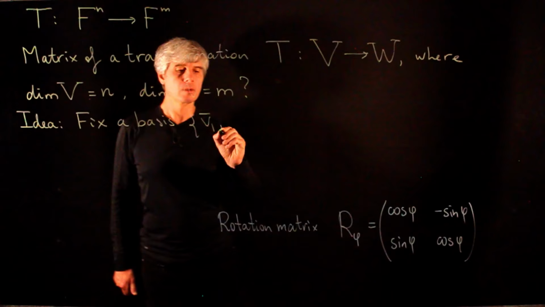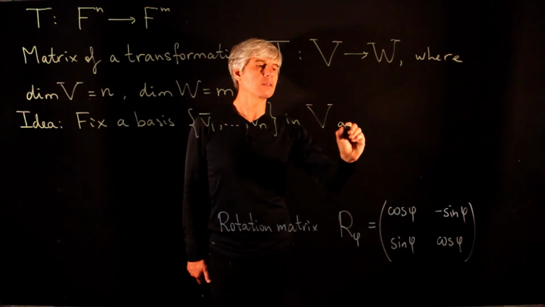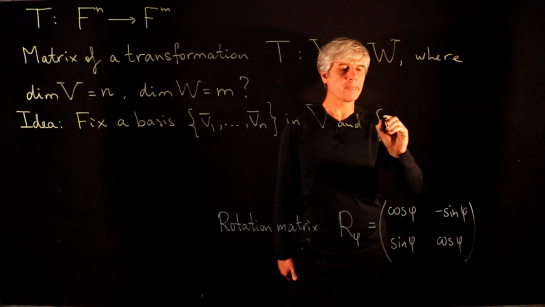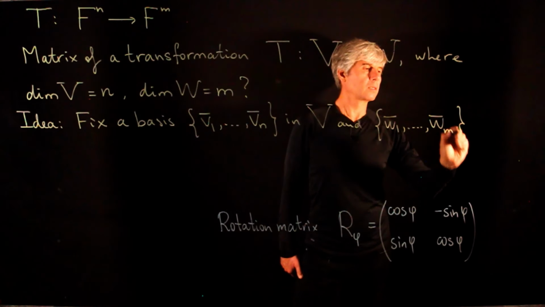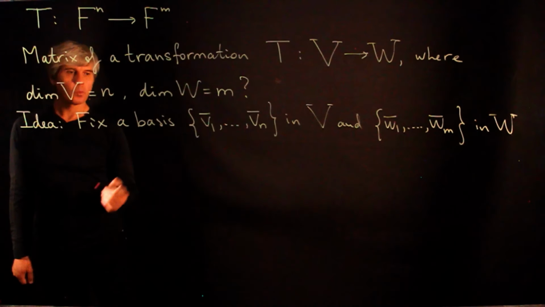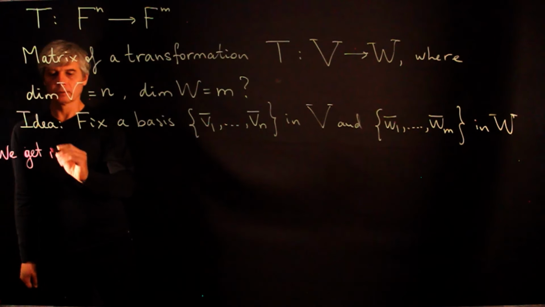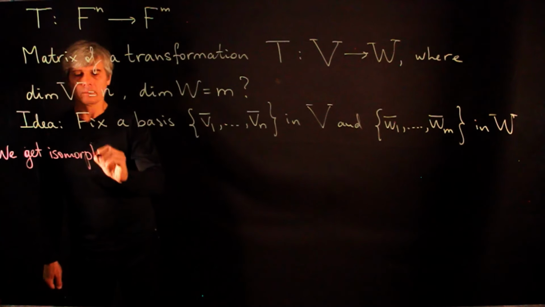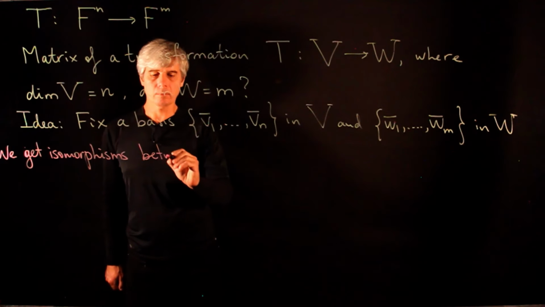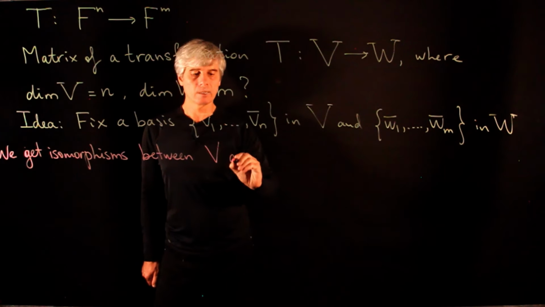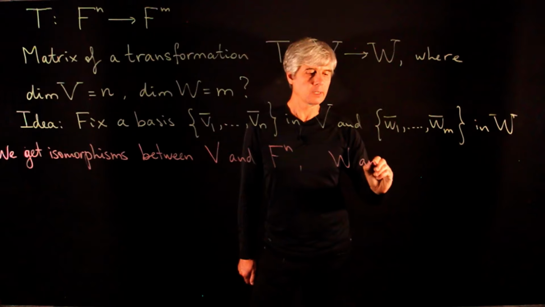So fix a basis V1 through Vn in V, and W1 through Wm in W. Once we fix bases, we get isomorphisms between V and Fn, and W and Fm.